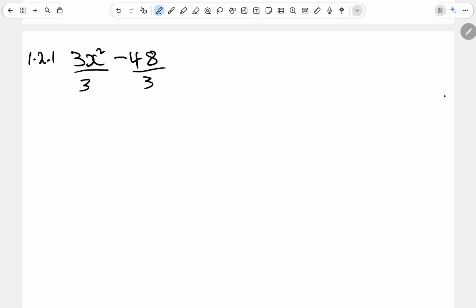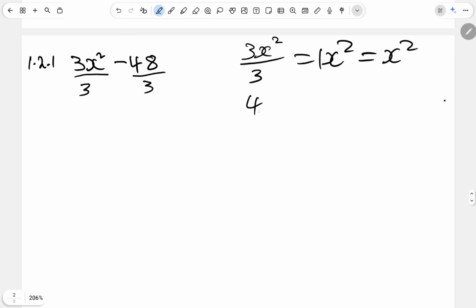When you divide them by 3, 3x squared divided by 3 will give you 1x squared, x squared. Then 48 divided by 3 will give you 16.